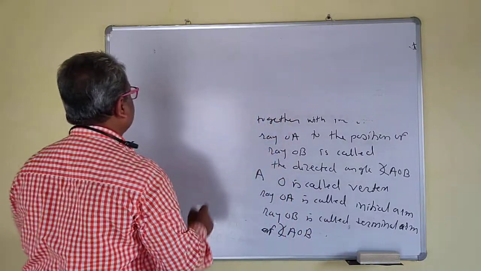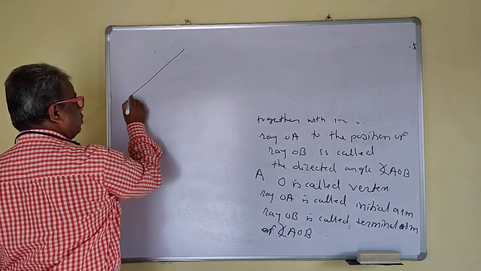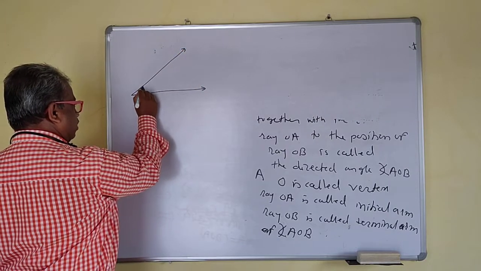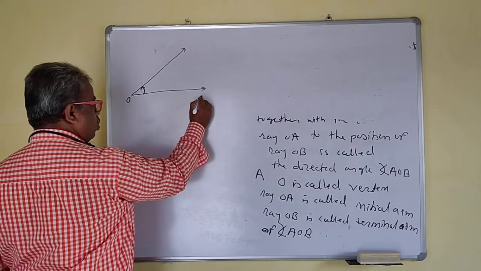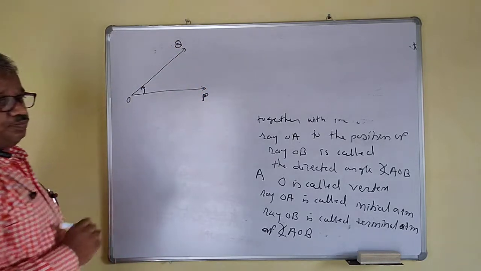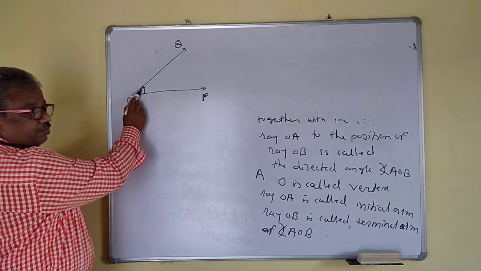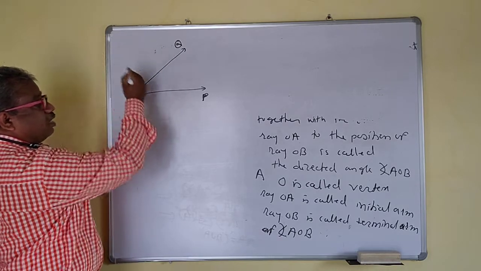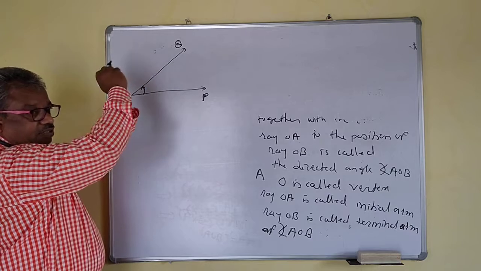Okay, so now suppose this is O, suppose this is P, and suppose this is Q. Now see the arrow is here, that means this is a directed angle and it is rotated in anti-clockwise direction.